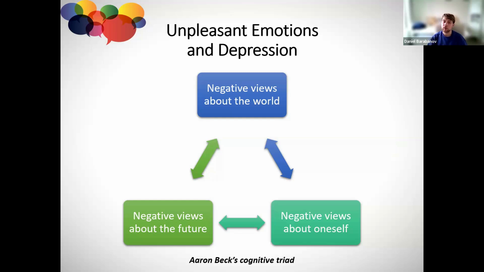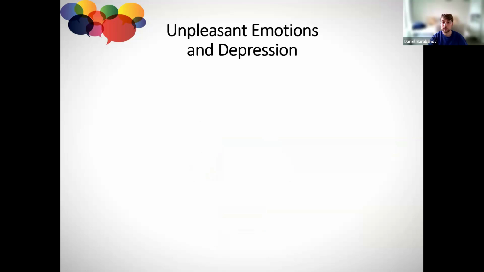So Beck's therapy was aimed to change those cognitive interpretations on all three aspects of this cognitive triad. So about views of oneself, views about the world, and views of the future, and thus cures the depression through changing cognitive style, which actually is quite successful.